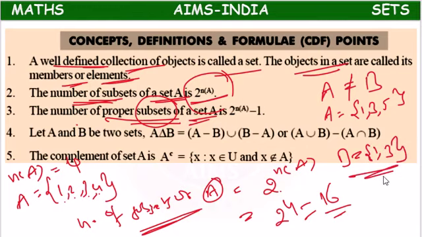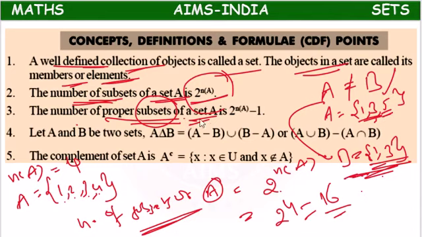Then B is called a proper subset of A. Why? All the elements of B are present in A, and in A at least one element is extra. So then we can call it a proper subset.